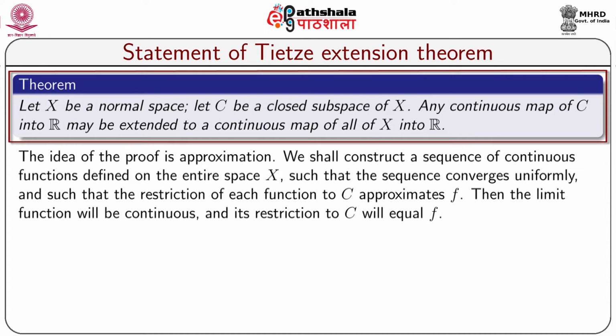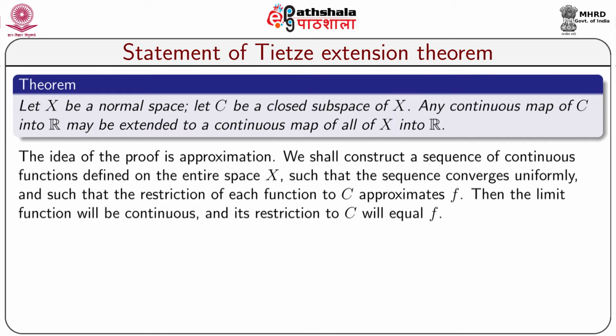Let X be a normal space and C be a closed subspace of X, then any continuous mapping from C into R may be extended to a continuous mapping over X. In the previous example, we have shown an example of a normal space and a subspace of the normal space, that is, the closed unit interval [0, 1] is a normal space and the open interval (0, 1) is a subspace of the closed interval [0, 1].